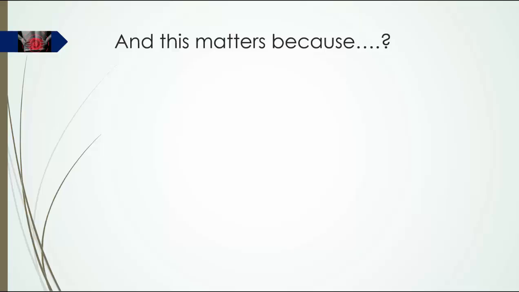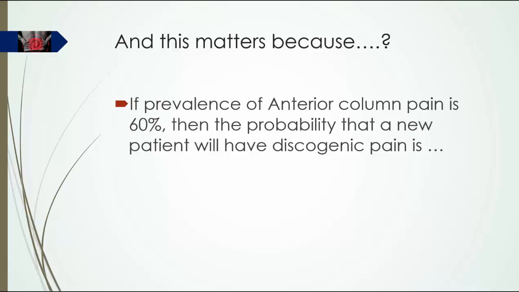Prevalence is the proportion of cases with the disease in question. Let's say that 60% of patients presenting with back pain have anterior column pain. That means before we take any history, observe any demographics, or do any tests, the probability of that patient having anterior column pain is 60%.